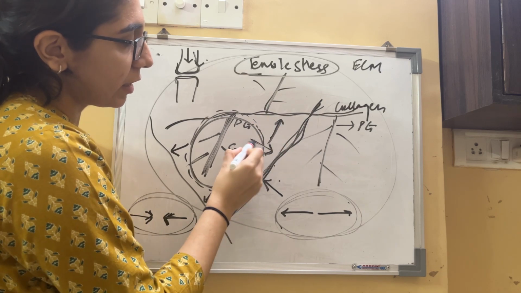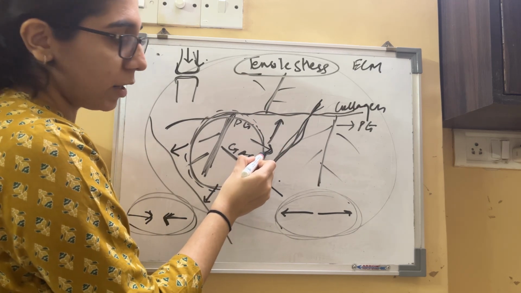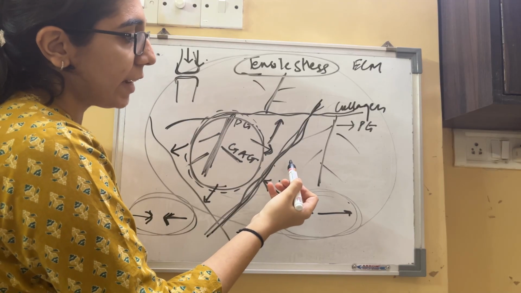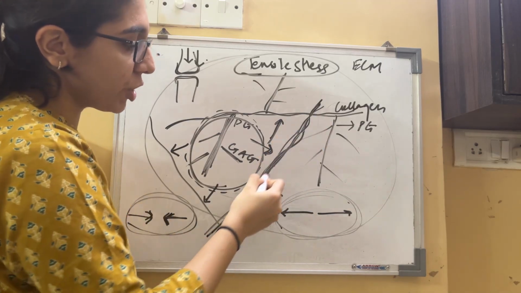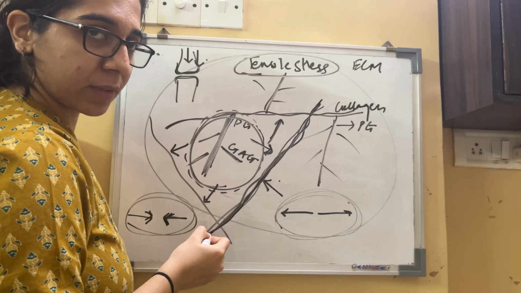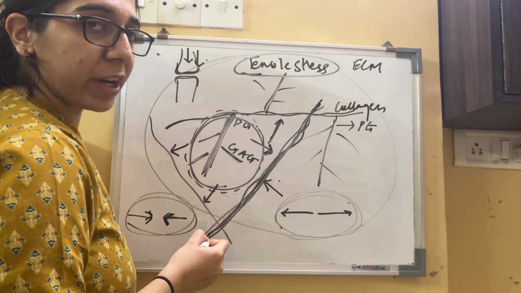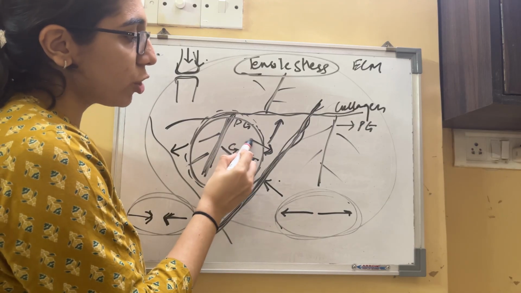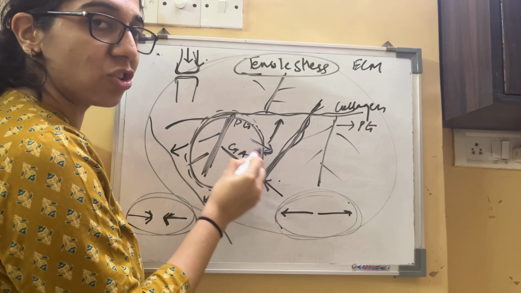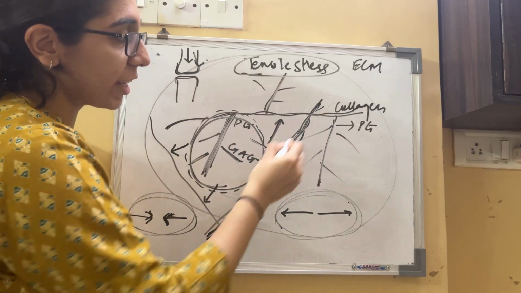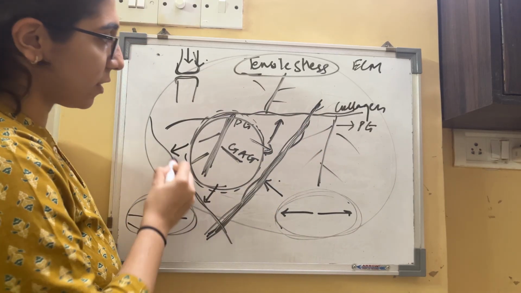Now when this collagen strand experiences the tensile stress, it is going to try to resist it, and that will happen by some deformation taking place in this strand. So this collagen strand will undergo deformation in order to resist this tensile stress, and this deformation will create stiffness within these strands.